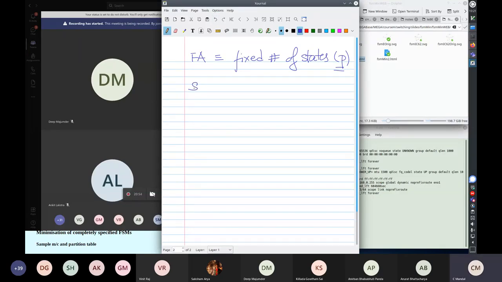So serial adder can add two numbers of any number of bits, or of any length, let us say, any length.